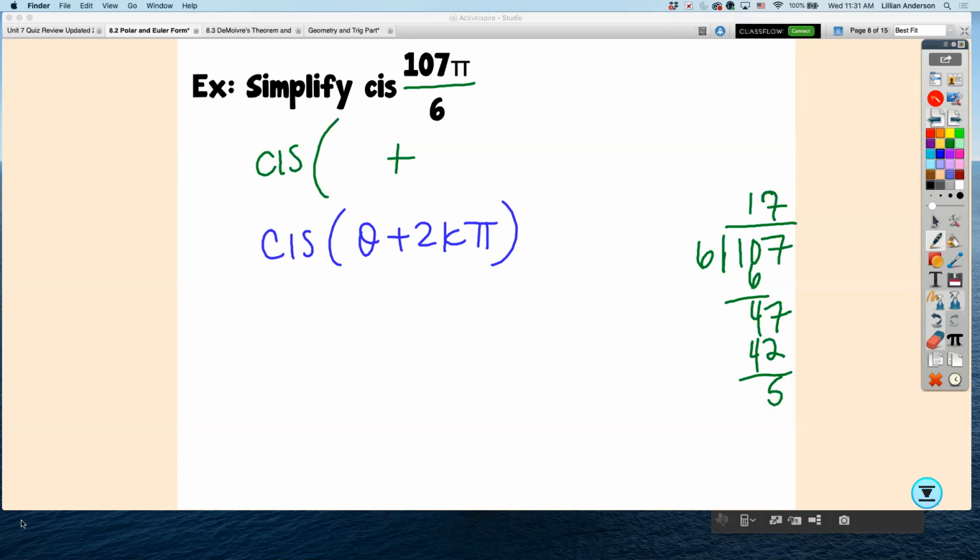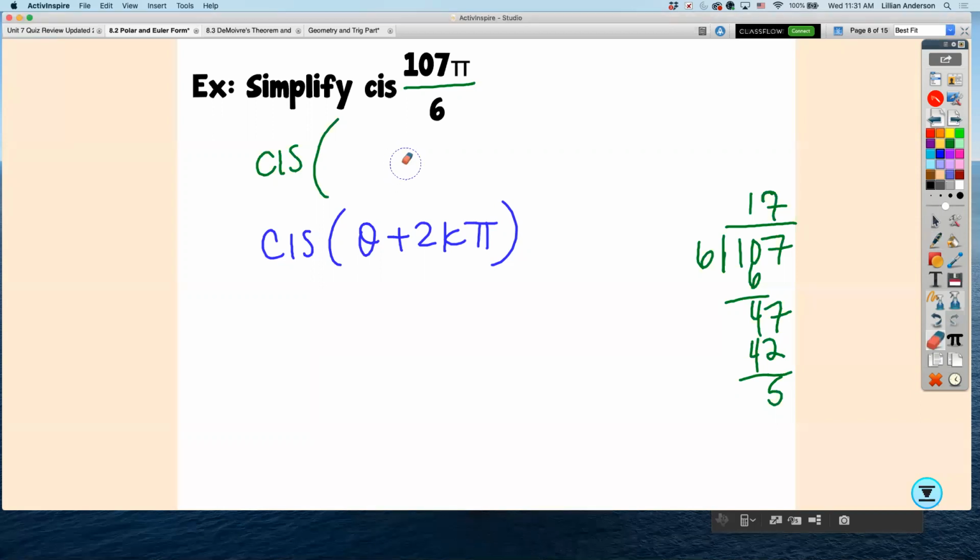I could either use 16 or I could use 18 and then maybe do some subtraction. Why can't I do 17? Because 2k has to be an integer, a whole number. The only way I'm going to get 17 is if it's a fraction, 2 times a number that will give me 17 pi.